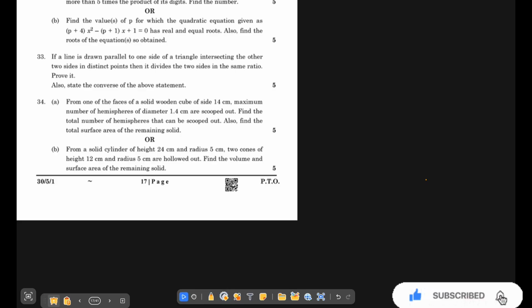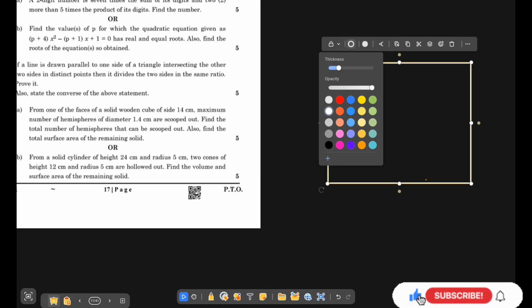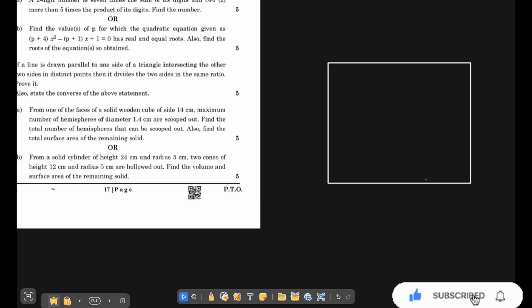So let's draw one face of the solid. It's one face of the solid, and the diameter of each hemisphere is 1.4 centimeters.